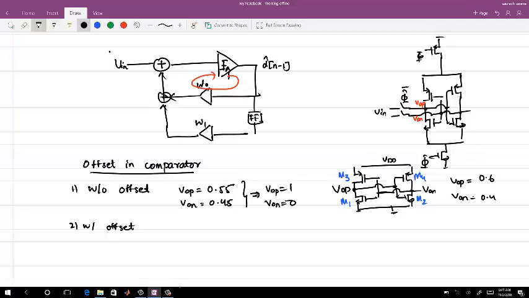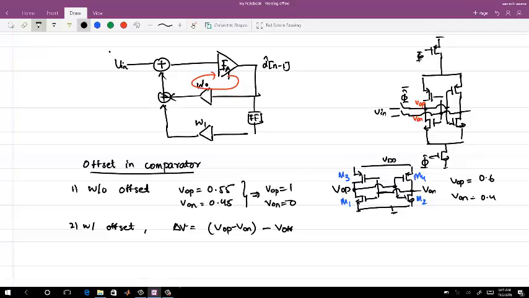If you have that kind of offset, then for a small difference you will not be able to make out at the end, you will go even to the wrong side. So with offset, the delta which you start regenerating with is VOP minus VON minus V offset. The sign will be taken as per this in the end.